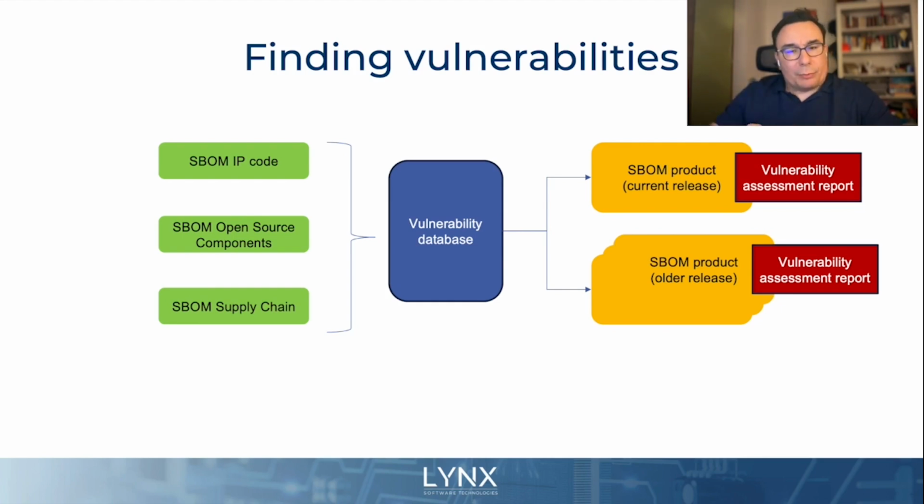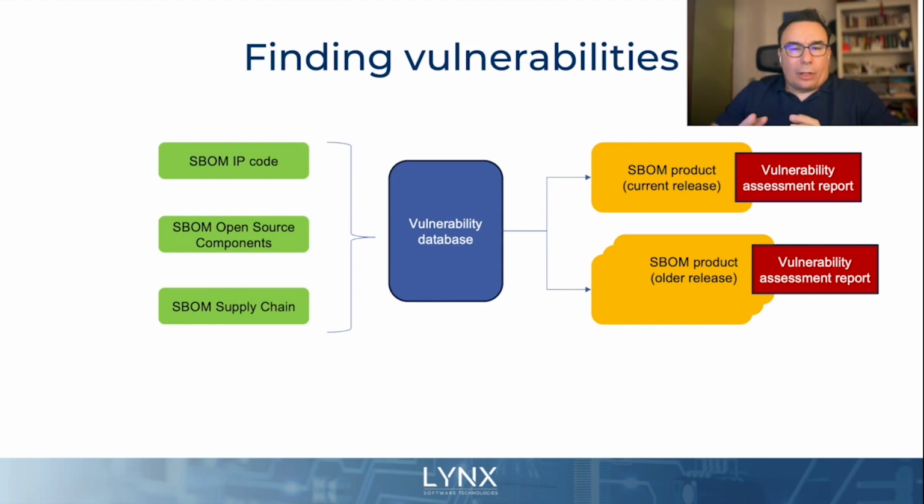So once you have those SBOMs, which describe the complete software composition of the product, you need to scan that SBOM for vulnerabilities. And to do that, you need to have access to a highly accurate vulnerability database. It's an important statement because if you don't have an accurate database, the results, of course, are going to be inaccurate.